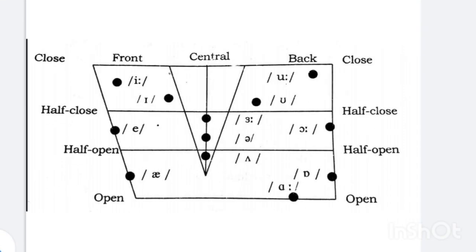See, here the first front vowel, which we already discussed, is over here. Just below that you can find the short vowel. So, this part is the front, and just back of it is the hinder part of the front of the tongue. This is the half close position, and it is raised just above half close here.